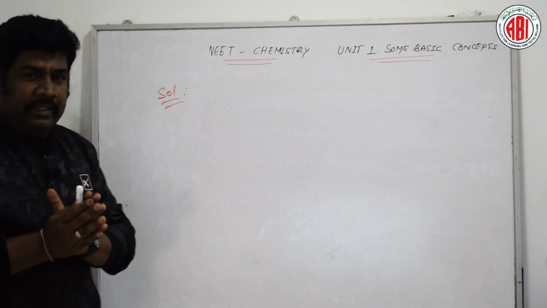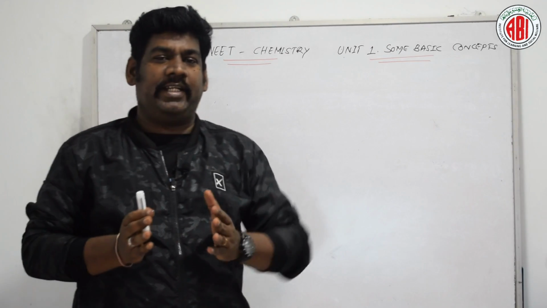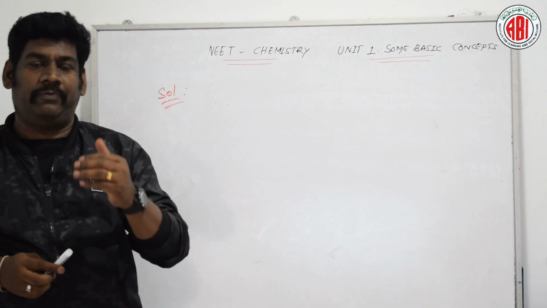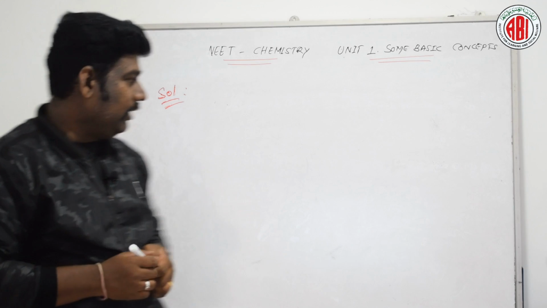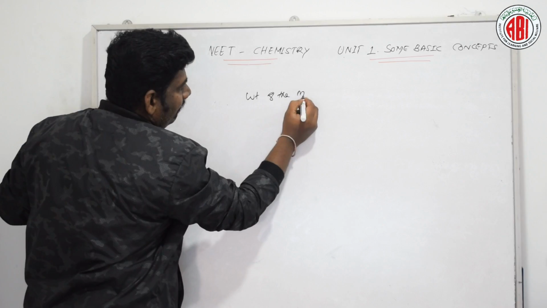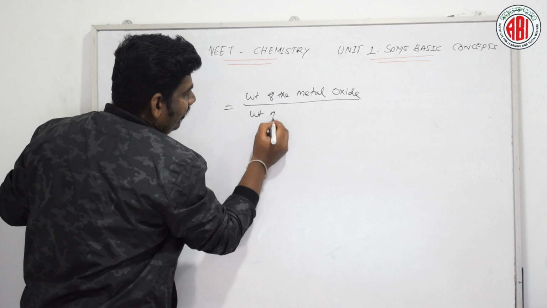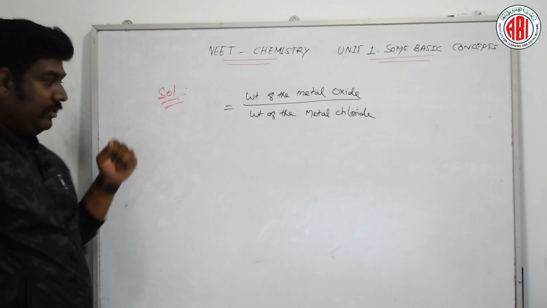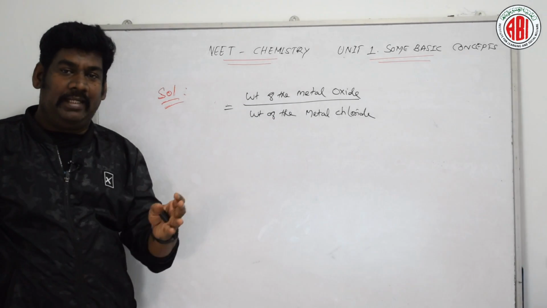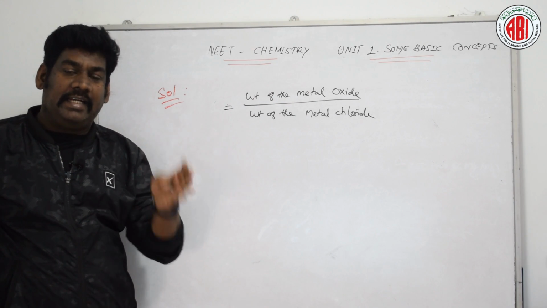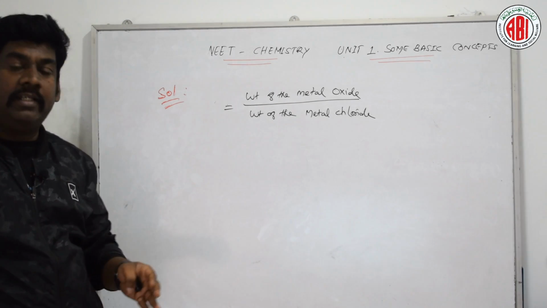First, weight of the metal oxide by weight of the metal chloride. To find the equivalent weight, let us write weight of the metal oxide divided by weight of the metal chloride. Now the equivalent weight of the oxide is the equivalent weight of the metal added to the equivalent weight of the oxygen.